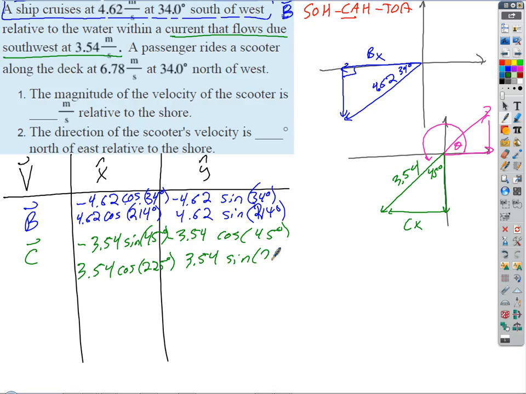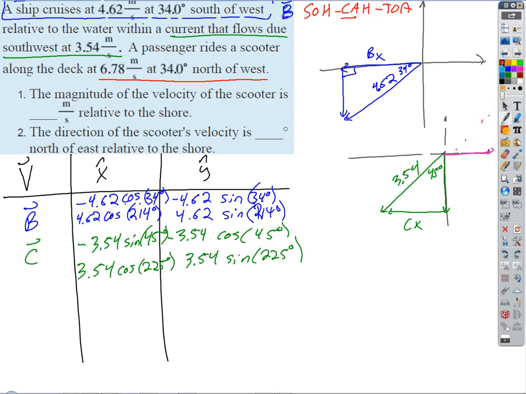And then last one, we've got Scooter goes 6.78 meters per second, 34 degrees north of west. So that one's going to be, what if I just use this same quadrant, as that's a quadrant we're not using anyway, right?